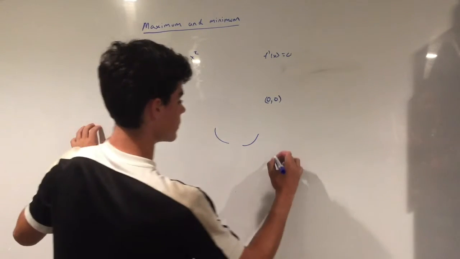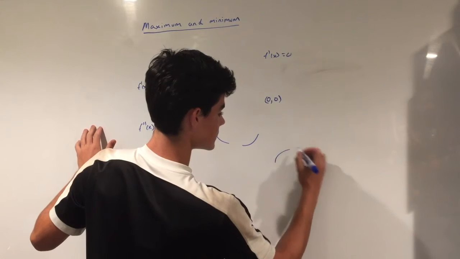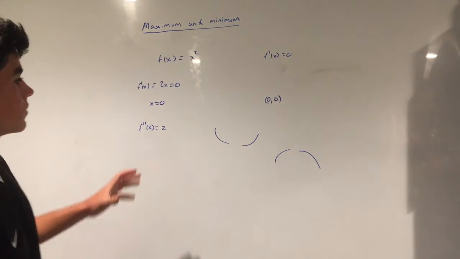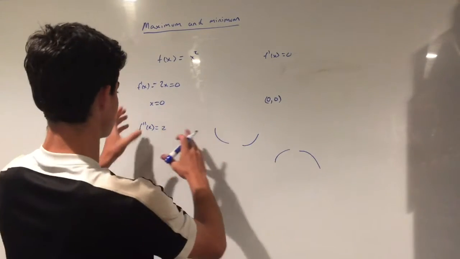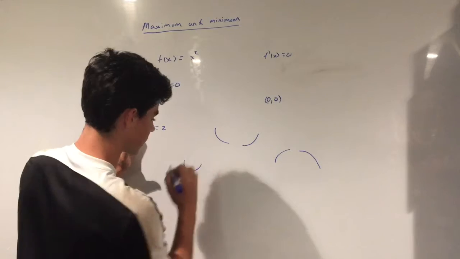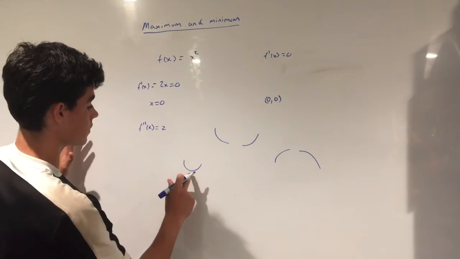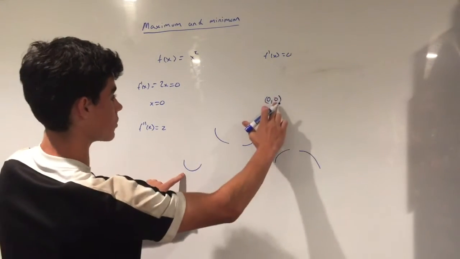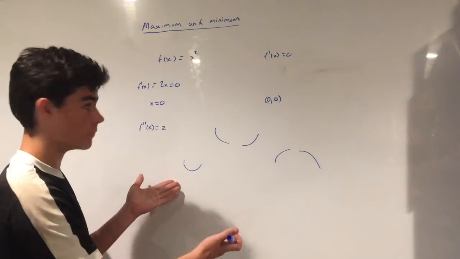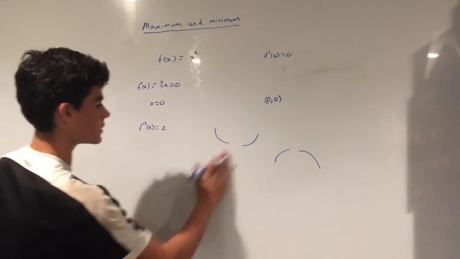If it's concave down, the graph will look like this, or it could look like that. So the main idea of looking at this is that if the graph is concave up at this point, it's going to do something like that. And so with this, we know that we have a critical point at 0, and it will show us that we indeed have a minimum.